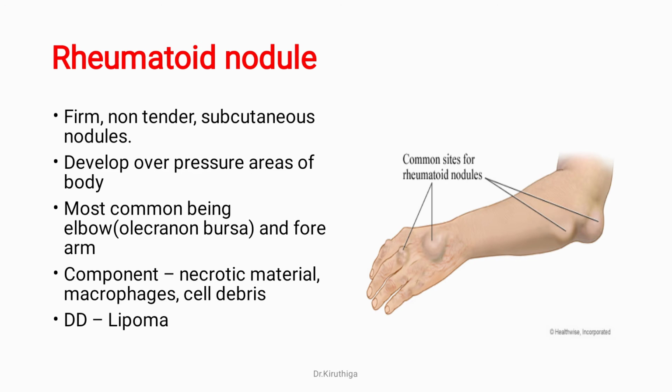It is seen in people who have a high titer of RA factor. When the disease activity is more, only then does the patient develop extra-articular manifestations. Whenever some injury occurs, there will be discharge of blood and pus from the rheumatoid nodule.